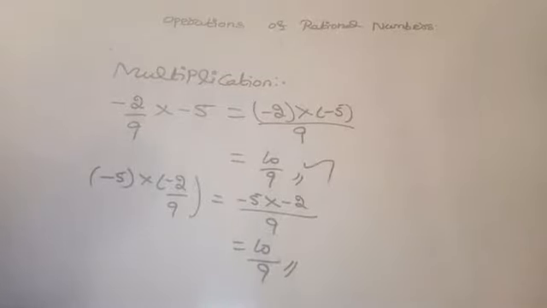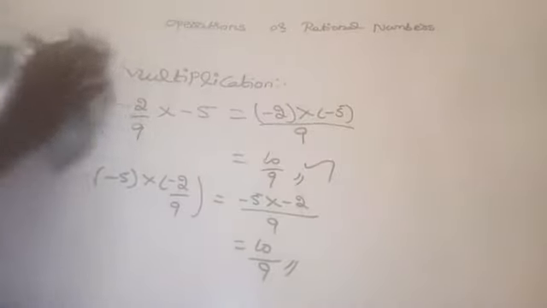Then, division. If A by B and C by D are two rational numbers, before that, what is the reciprocal of A by B?